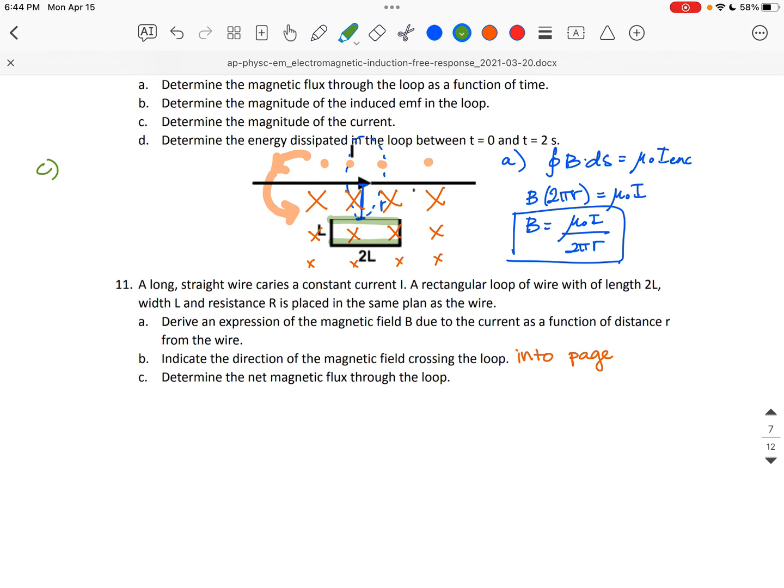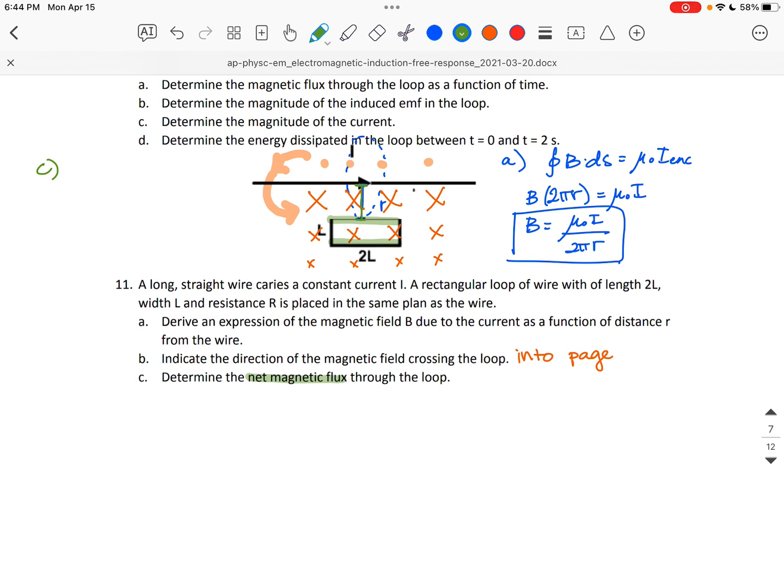So in order to find the net magnetic flux, we need to take pieces of flux within the loop, just one strip at a time, because we know horizontally it'll all have the same magnetic field, but then as we move further and further down, that flux is going to change. So this is where calculus comes into play. First, we used in Ampere's law the variable r to represent distance.